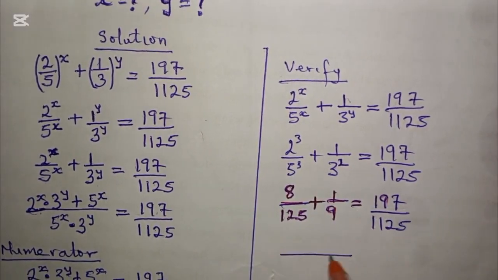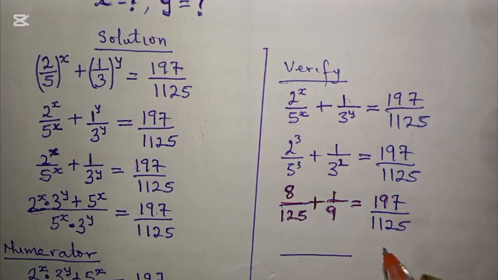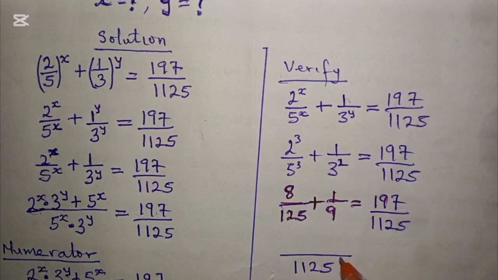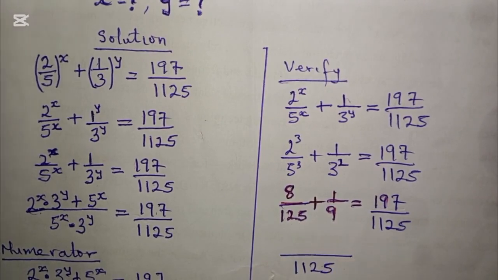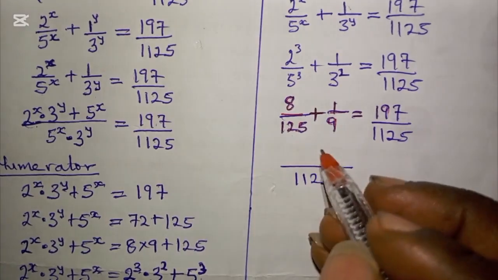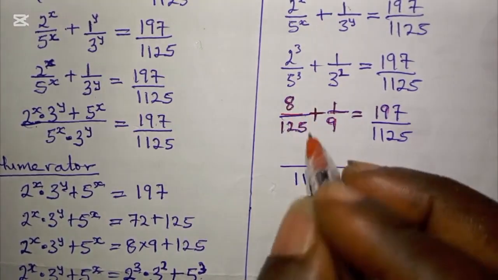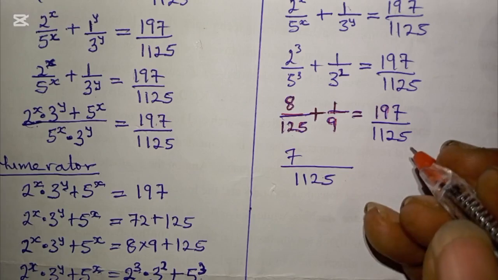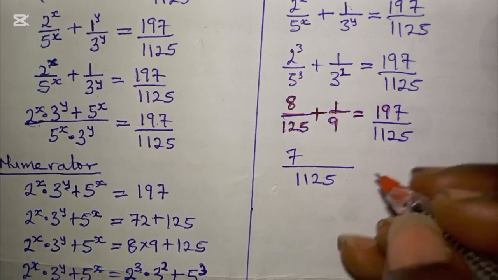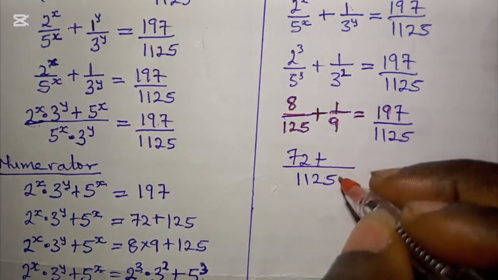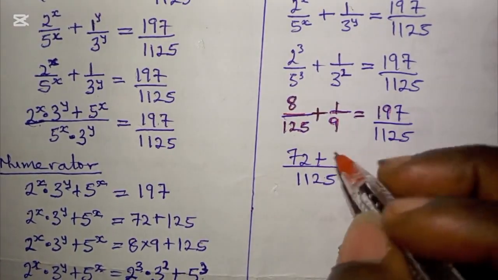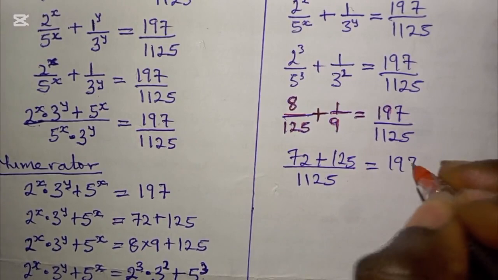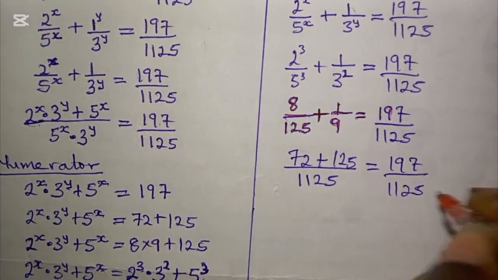So if you find the LCM, 125 times 9 is 1125. So 1125 divided by 125, we have 9. 9 times 8, we have 72, plus 1125 divided by 9, that's 125, which is equal to 197 divided by 1125.